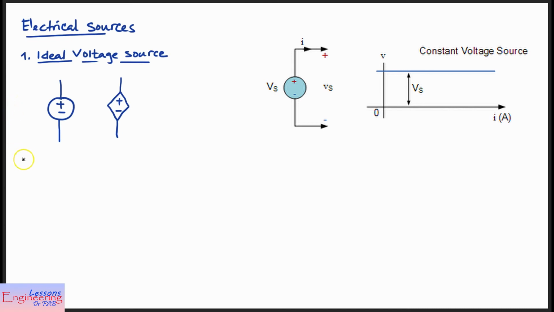So when this voltage source is independent of any external current or voltage, we call it independent voltage source. But if this voltage source is reliant on external current or voltage, we call it dependent voltage source. So these are the respective diagrams in the circuit. So independent voltage source, dependent voltage source.